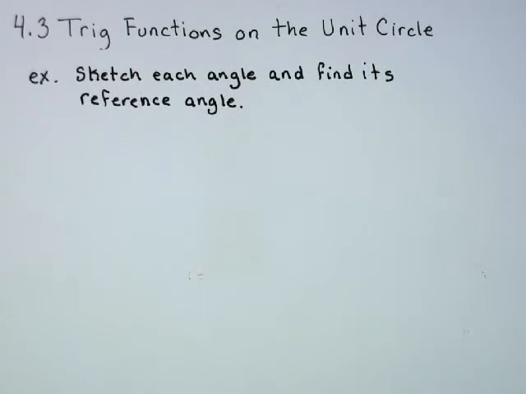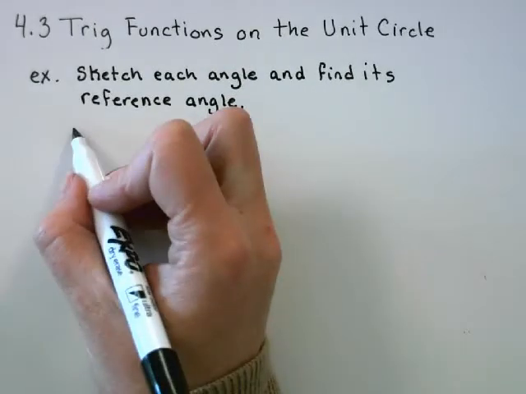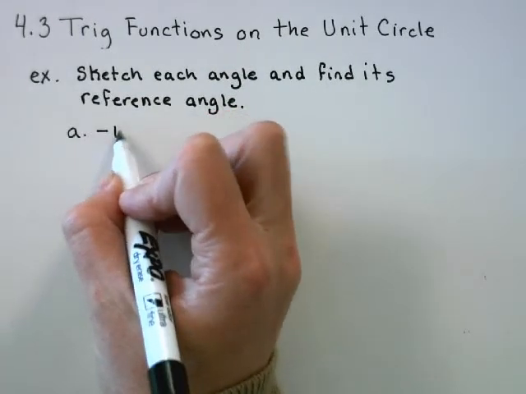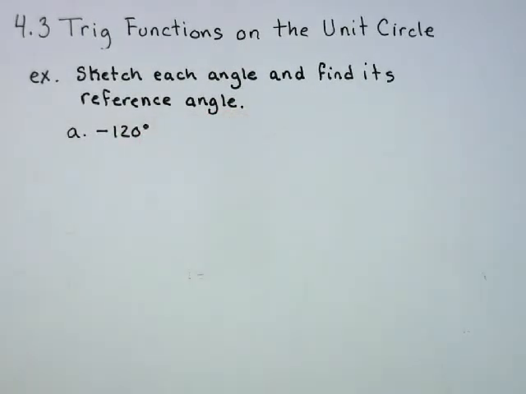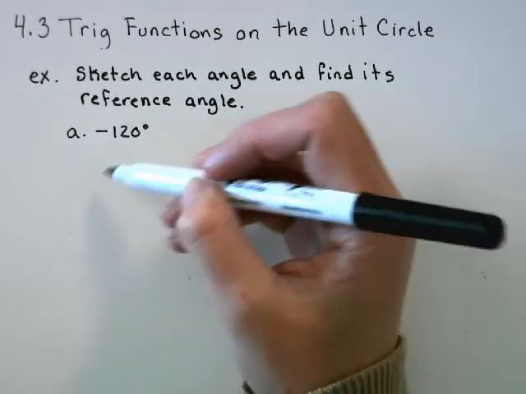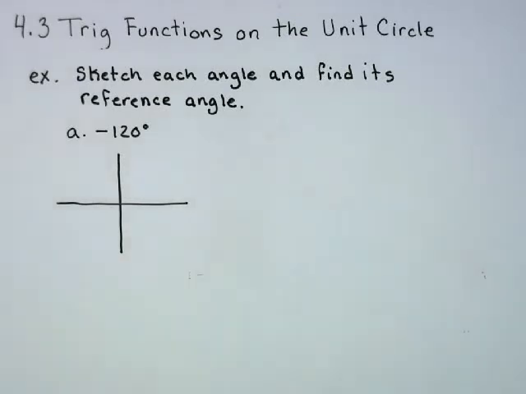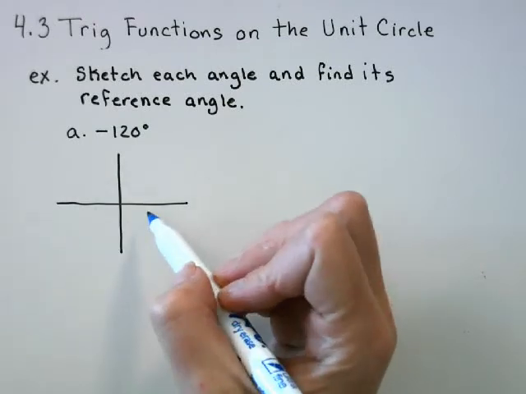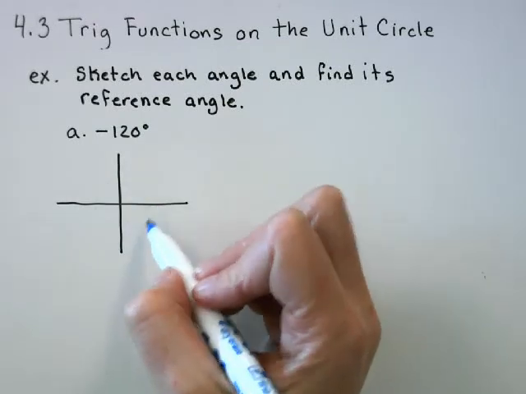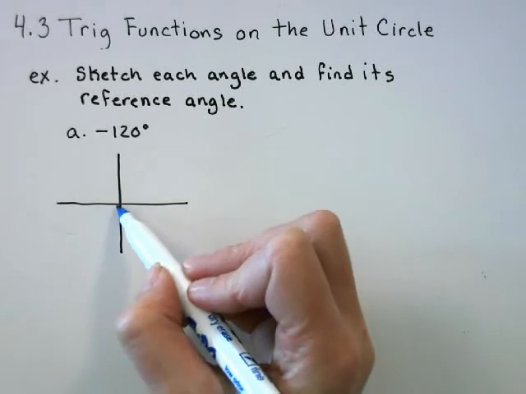So our next example, we're going to sketch each angle and find its reference angle. So the first one's going to be negative 120 degrees. Positive angles are always measured going counterclockwise. Negative angles are measured going clockwise.